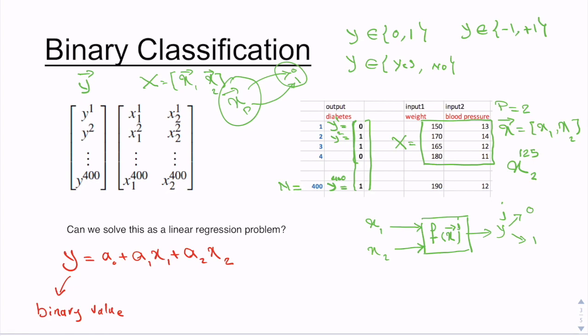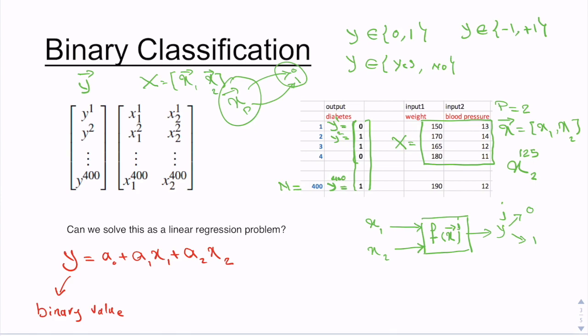So the researchers who encountered this problem thought, can we somehow extend linear regression and reformulate it such that it works for this binary problem? And note that this is also binary classification, where the output is not a continuous value. So what was the condition?